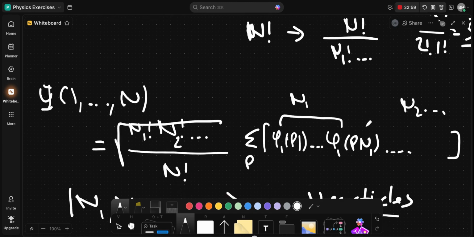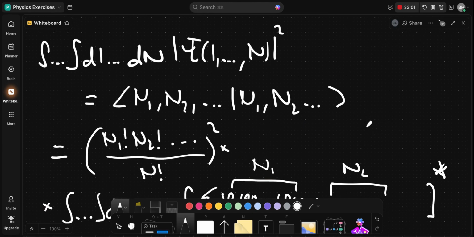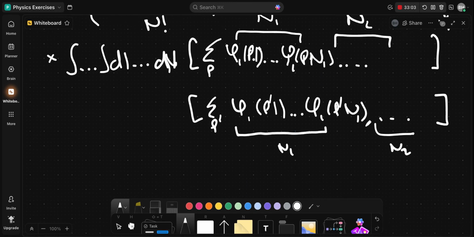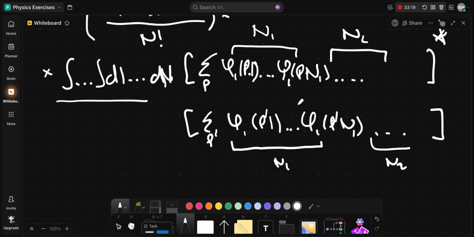So if I go down to where I was, the point is that when you do this integral, the like terms will give you 1, and the cross terms will give you 0, because these are distinct permutations.